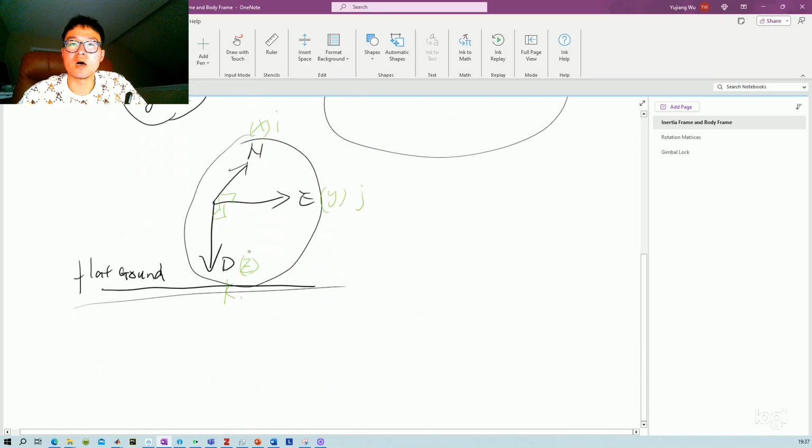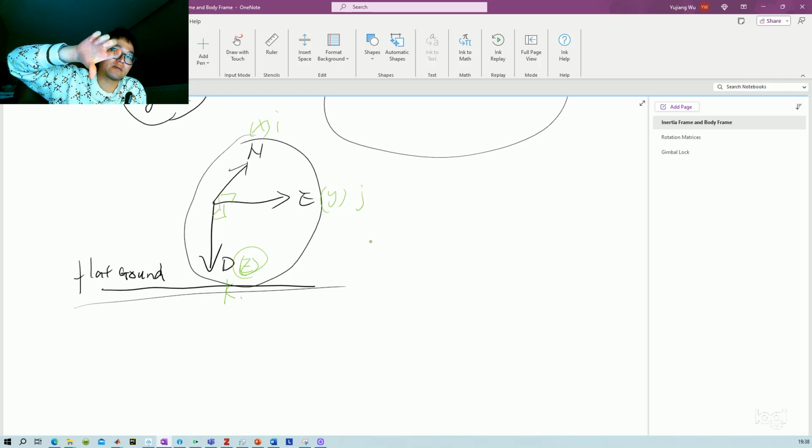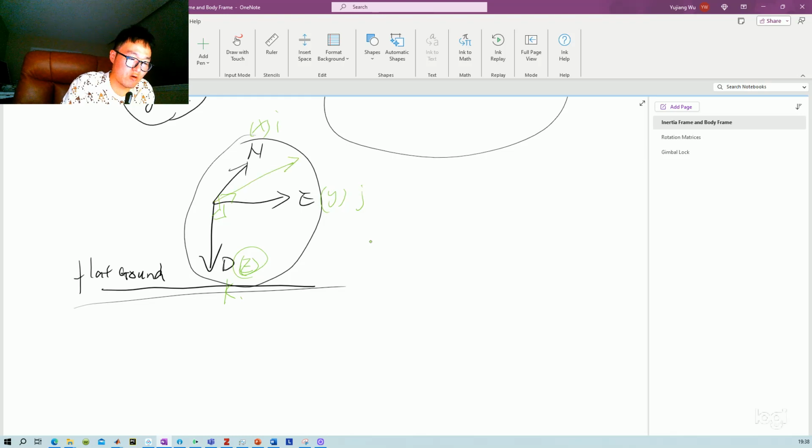Using the inertia frame as an example, if I say I rotate about my z-axis with a right-handed rotation, what I mean is you use your right hand, your thumb pointing to the z-axis, and your right hand does a rotation like that. This is the positive direction of your right-handed rotation about the z-axis.